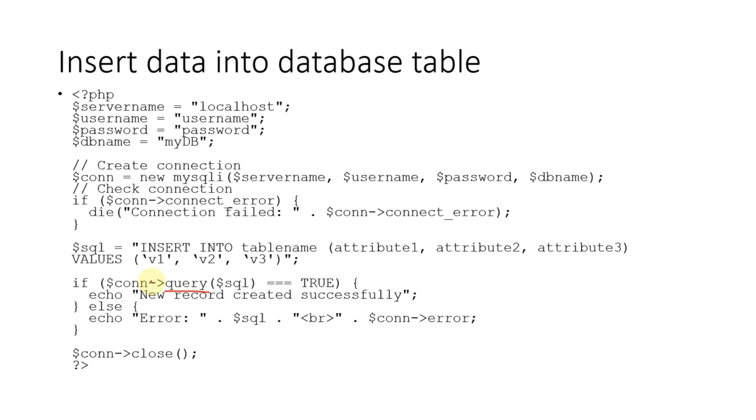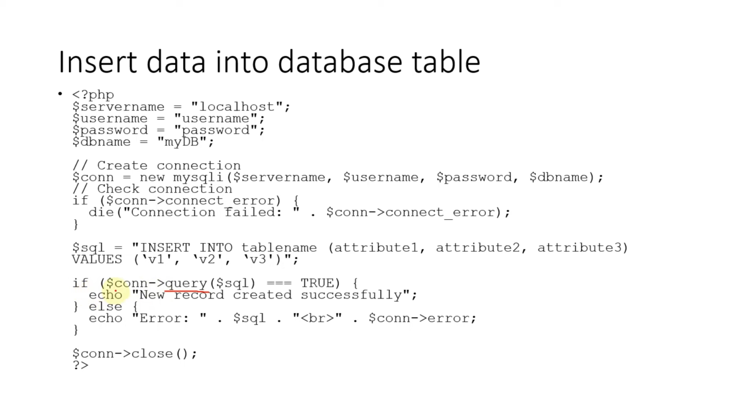So any type of query must be executed through this query with the connection or mysqli query. For successful select, show, describe or explain queries, it will return a mysqli result object. For other successful queries, it will return true, and in case of failure, it will return false.